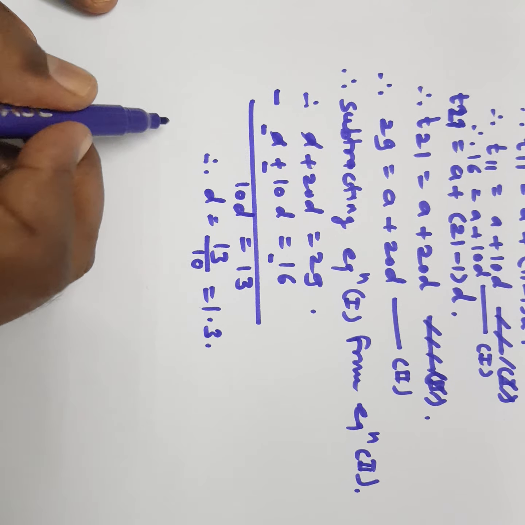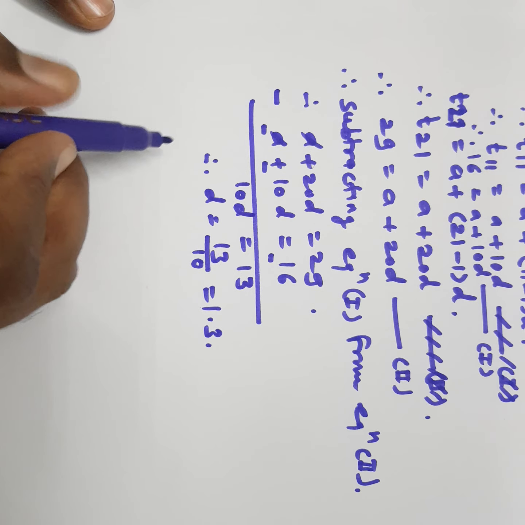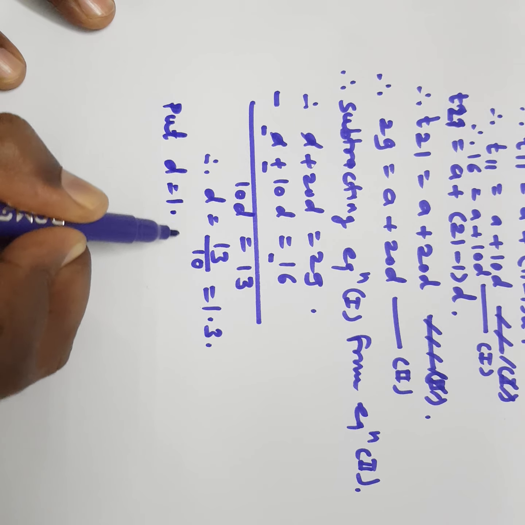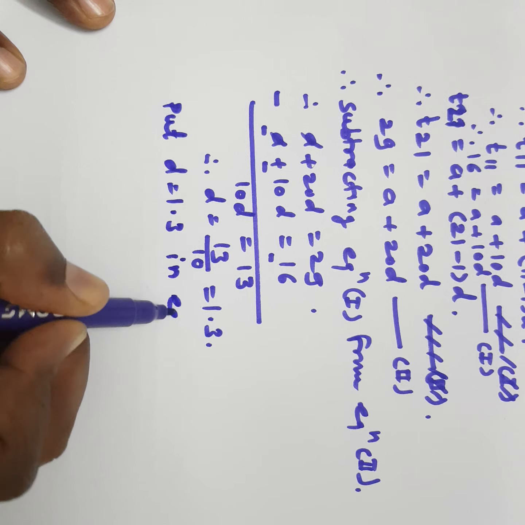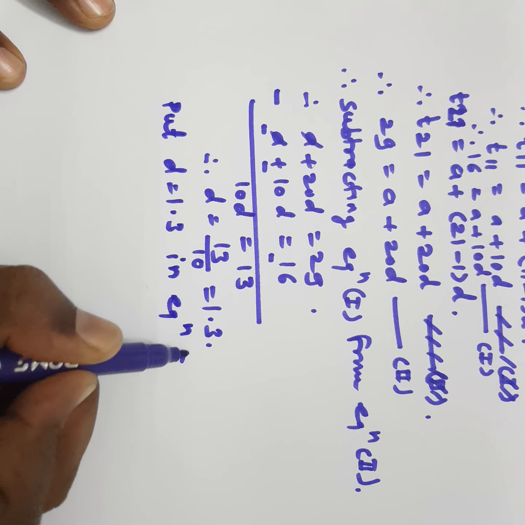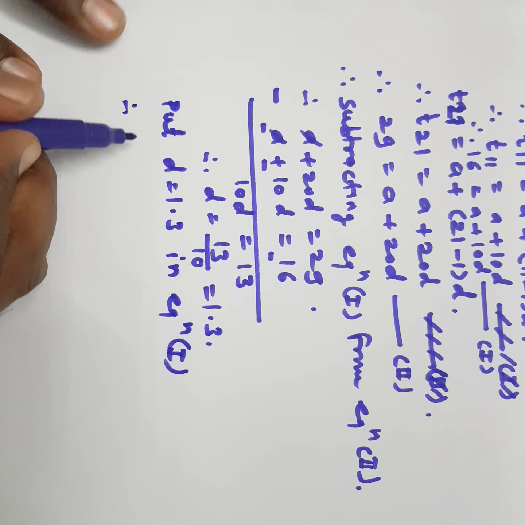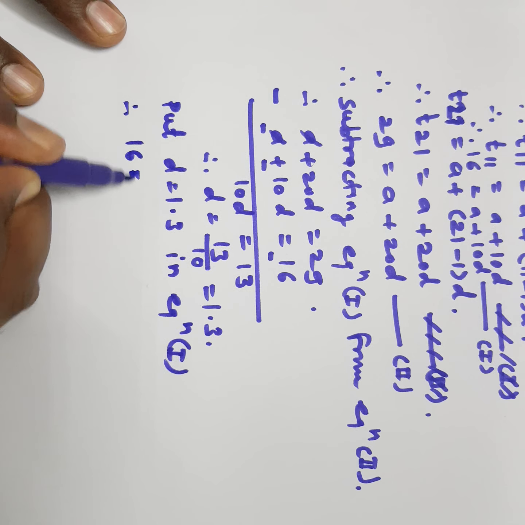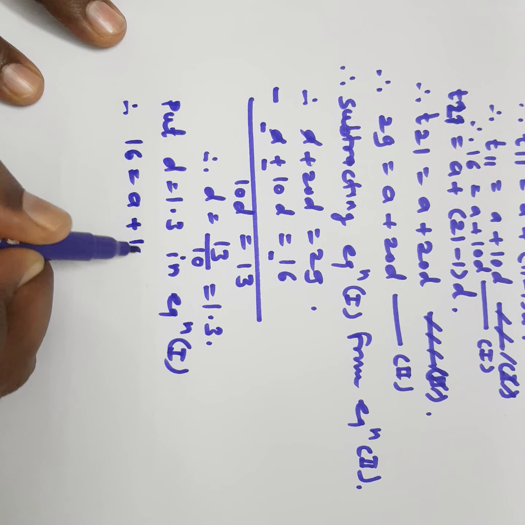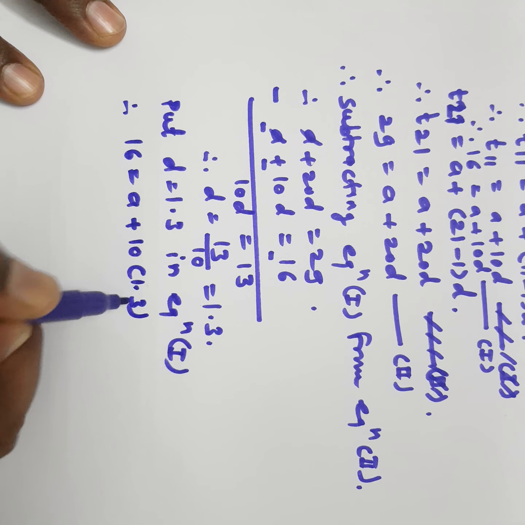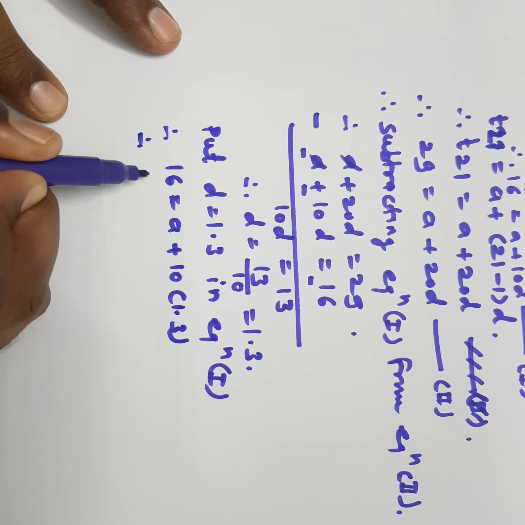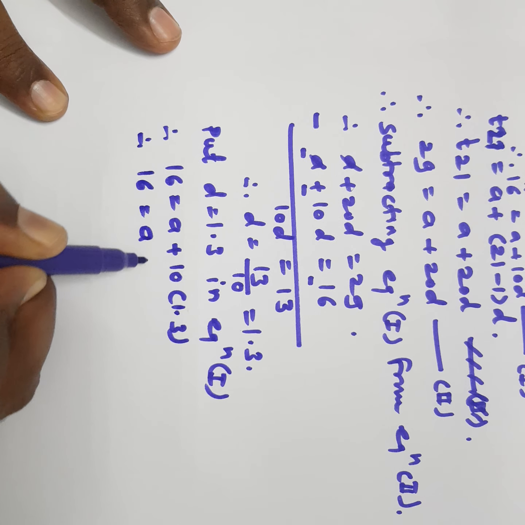Put this value of d in equation 1. Put d is equal to 1.3 in equation 1. Therefore 16 is equal to a plus 10 into 1.3. Therefore 16 is equal to a plus 13.